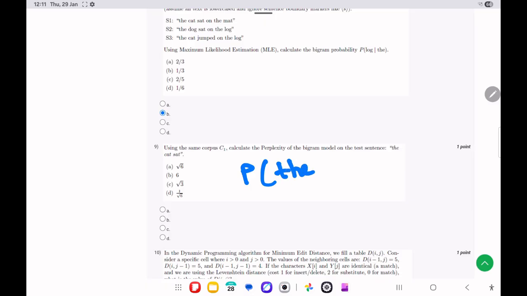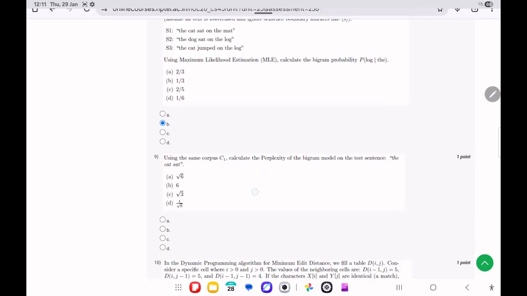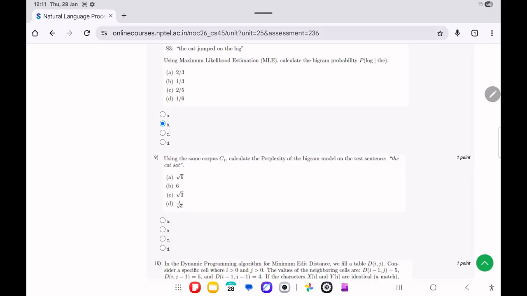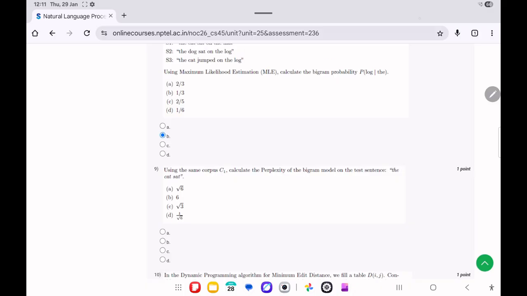First, you have to calculate the probability of the bigram "the cat", which I will write as probability of cat given the. Cat given the means count of the words "the cat" divided by count of "the".